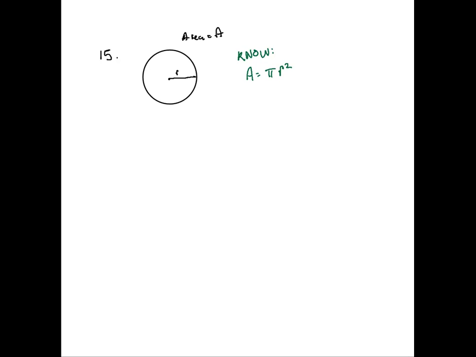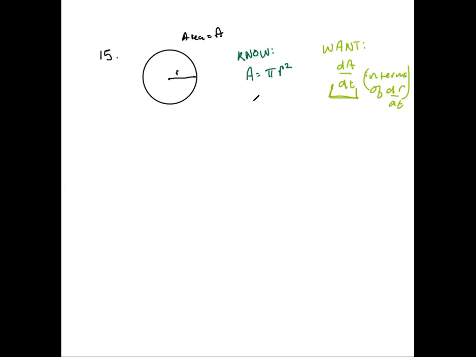And then I need to outline what I want from this. And I want to find dA/dt. And I want it to be in terms of dr/dt. But that's a qualification. What I really want to find is dA/dt.